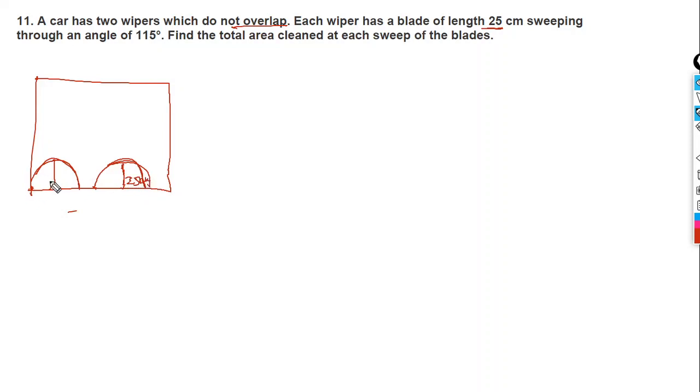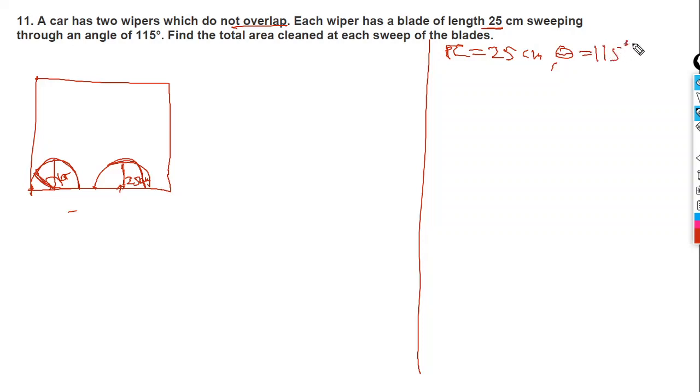Here also r is equal to 25 cm. Sweeping through an angle of 115 degree, so it starts from here and ends somewhere here like this. So this angle is 115 degree. Here also the angle is 115. So angle theta is equal to 115 degree.